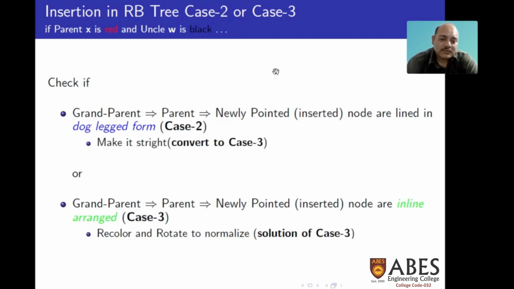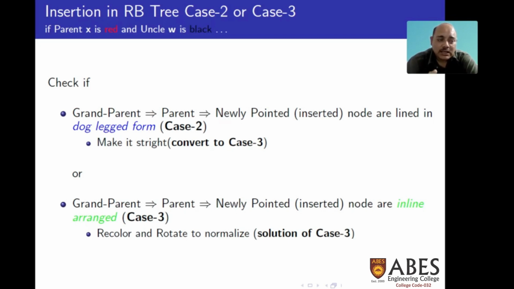As I am defining here, if the grandparent, parent and newly pointed node are not aligned, if they are dog-legged, that means angular, then it is case 2. We will try to convert it into case 3. Case 3 means the grandparent, parent and newly pointed node are in an aligned condition.